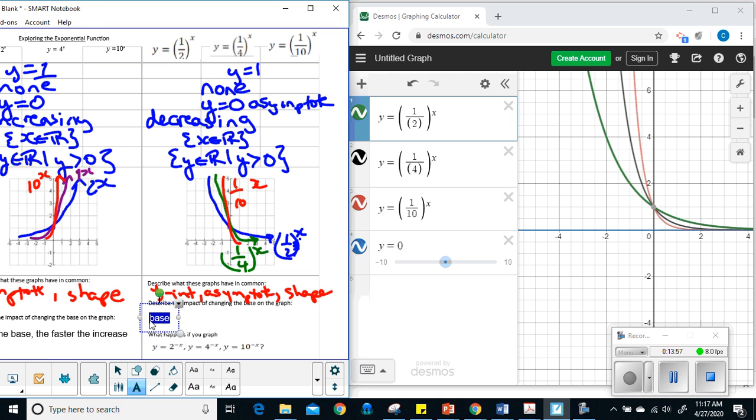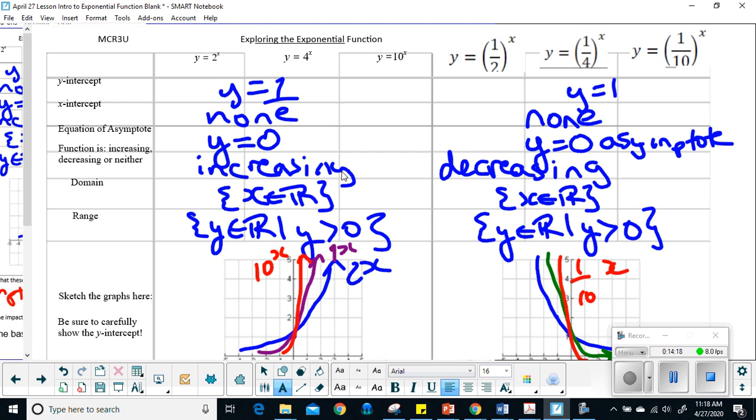When my base is positive but less than 1, so a fraction, a decimal, the function decreases, and the smaller the base, the faster the decrease. So that's pretty cool.